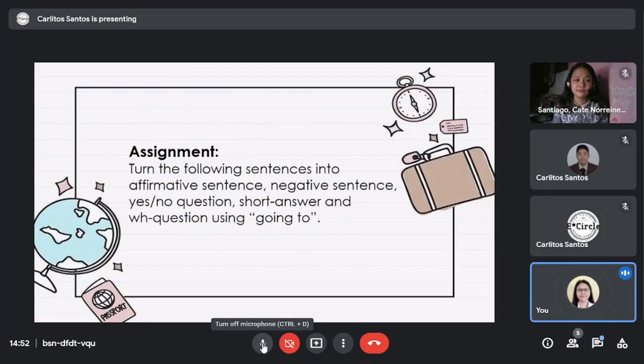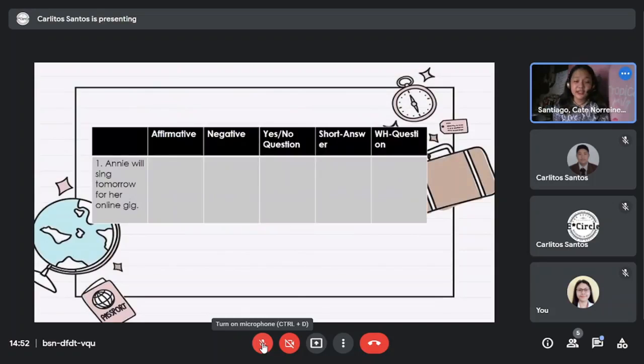Assignment. Turn the following sentences into affirmative sentence, negative sentence, yes/no question, short answer, and WH question using going to. Okay. Now, thank you, Renz. For the first sentence, we have here: Anna will sing tomorrow for her online gig.